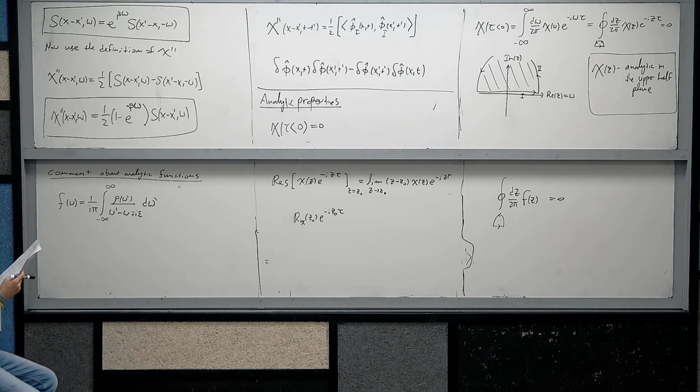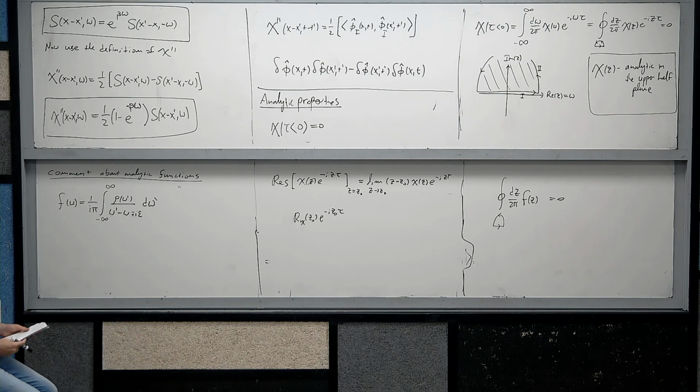So in fact, it's finite, and the Fourier transform exists, but it decays exponentially to 0 at z going to infinity in the upper half plane.